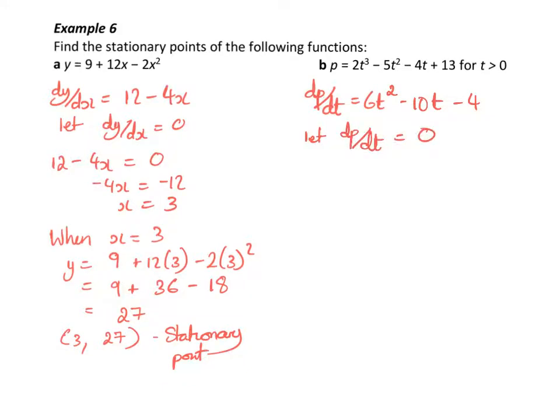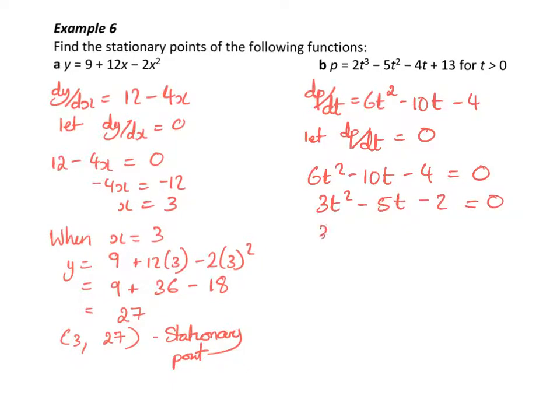Now the original was a cubic, so we would expect that there would be 2 turning points, or a maximum of 2 turning points. So let's have a look here, and we get 6t squared minus 10t minus 4 is equal to 0. Tidying that up, 3t squared minus 5t minus 2 equals 0.